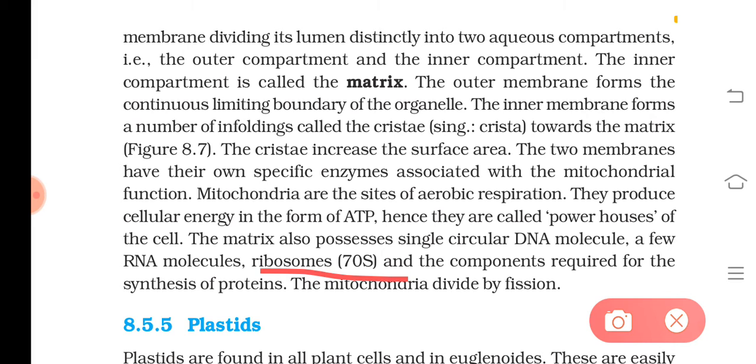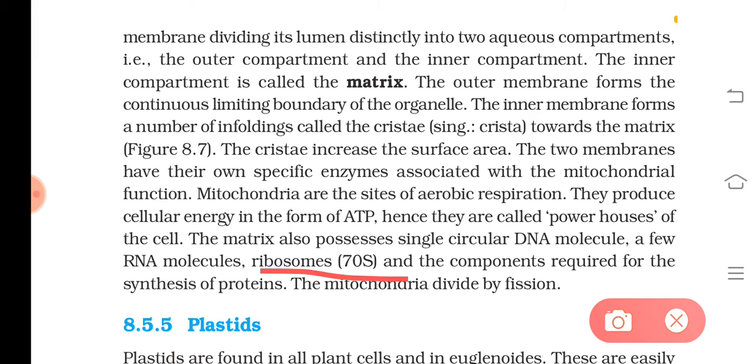Understood? Adenosine, and to the adenosine, 3 phosphate molecules are attached. Each phosphate bond is having high energy, and whenever one phosphate bond is removed or hydrolyzed, a lot of energy will be released, and that can be used for various purposes.